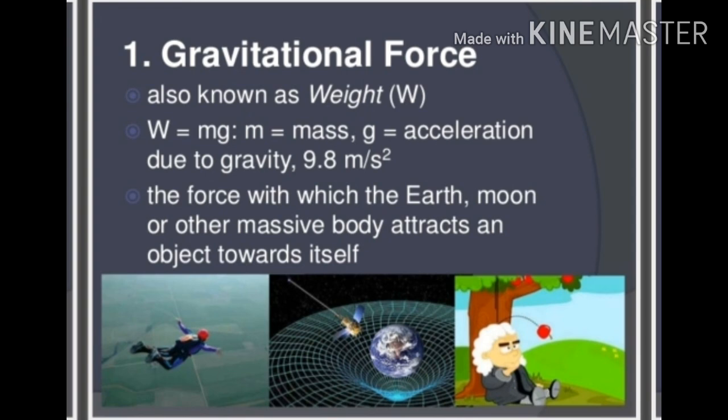The force with which the earth, moon, or other massive body attracts an object towards itself is called gravitational force. Because of gravitational force, an apple or any fruit always falls downward.